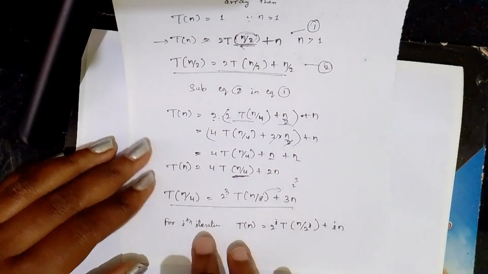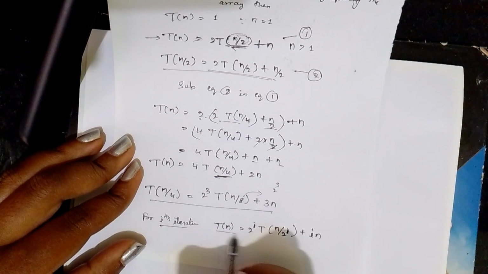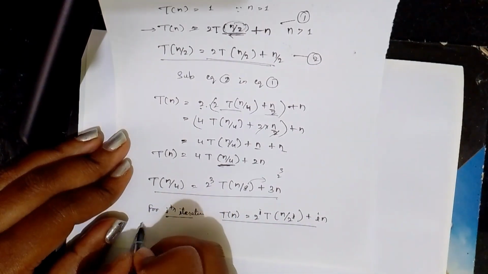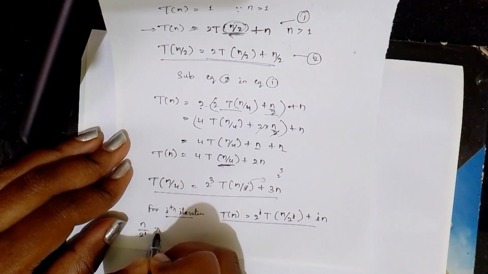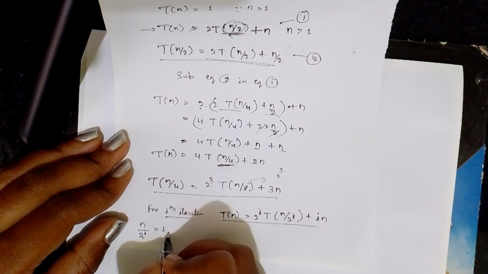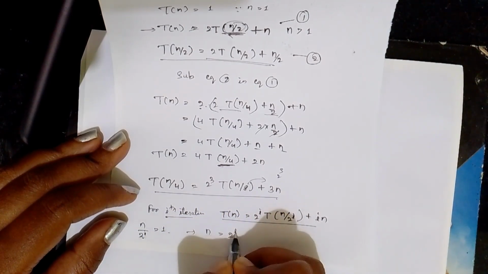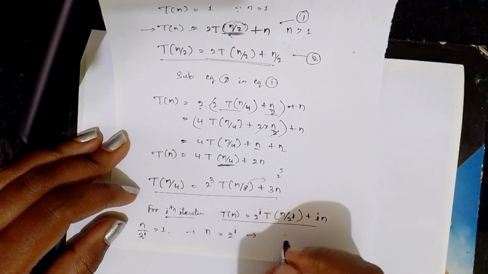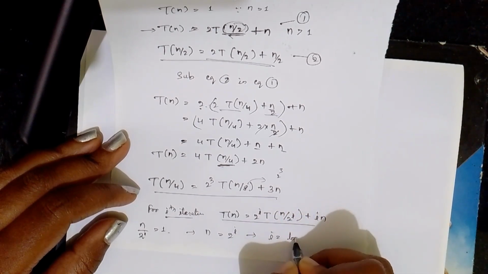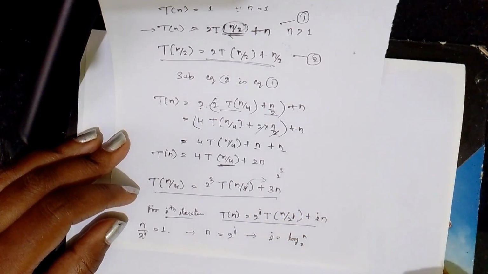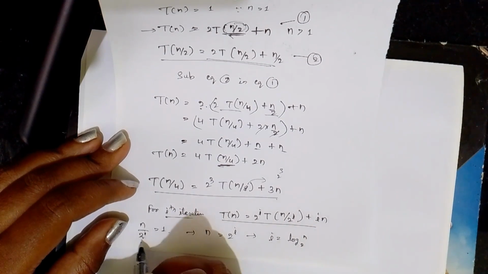We will get this equation for the ith iteration. We consider n/2^i equal to 1. If we take this 2^i here, we will get n = 2^i. Then it will give i = log base 2 of n.